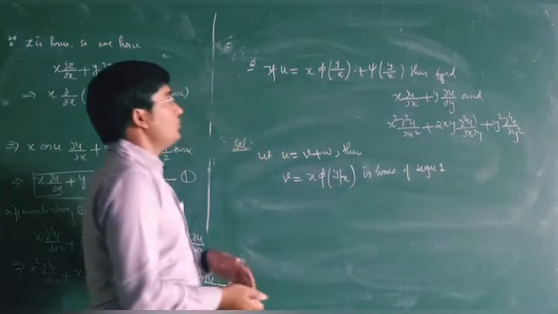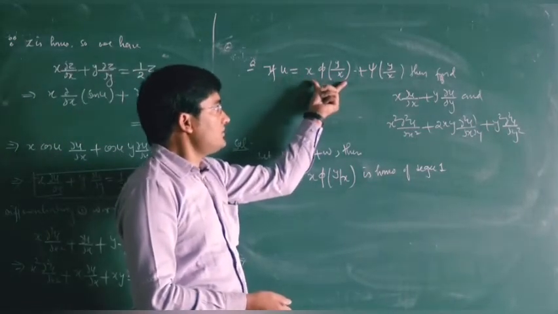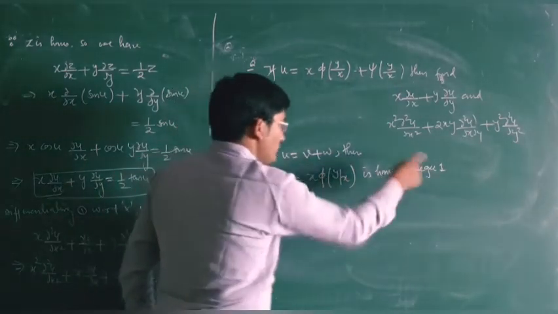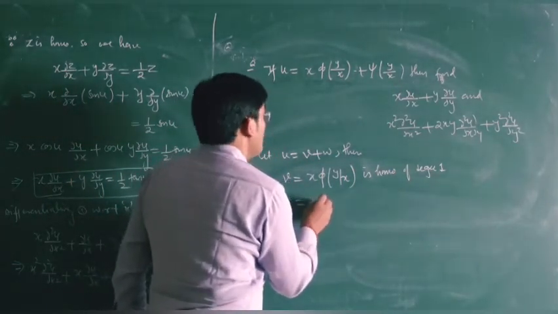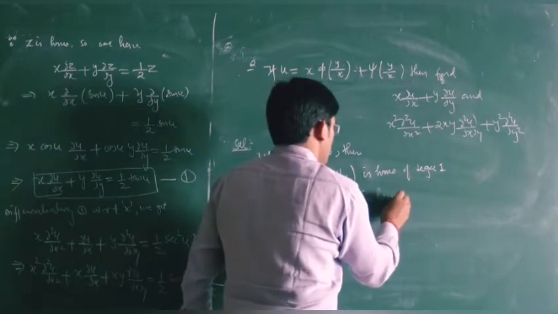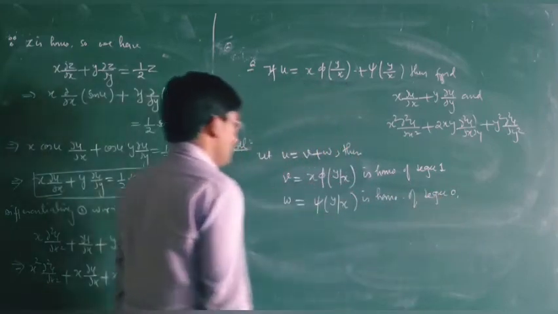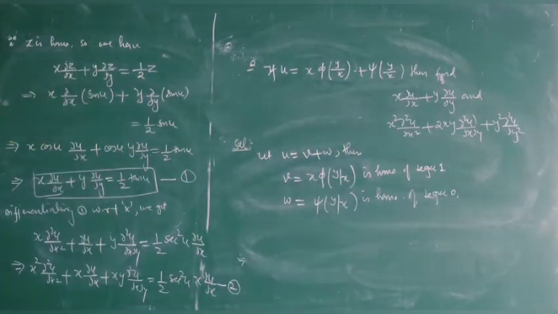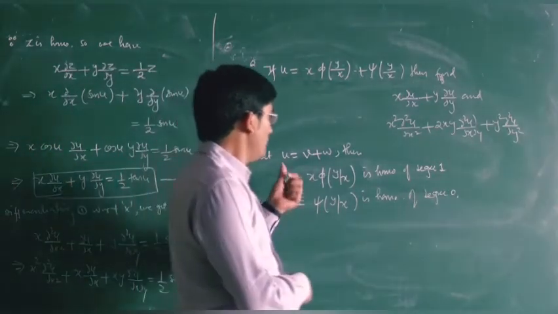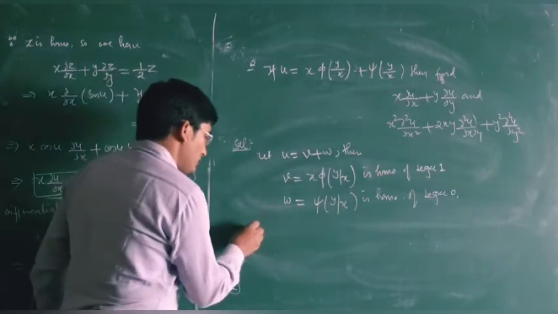Although your u is not homogeneous, this function is homogeneous, and w is homogeneous of degree 0. So v and w are homogeneous of degree 1 and 0 respectively.